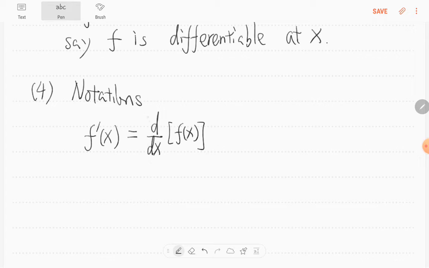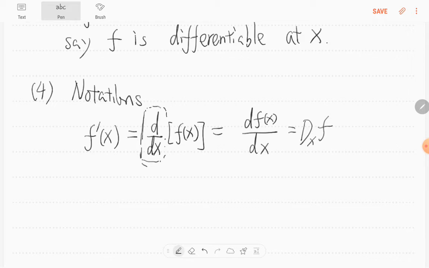This is called a differential operator. Or you can write d f of x over dx. Or sometimes you will see d sub x of f of x. This means the derivative of this function at x.